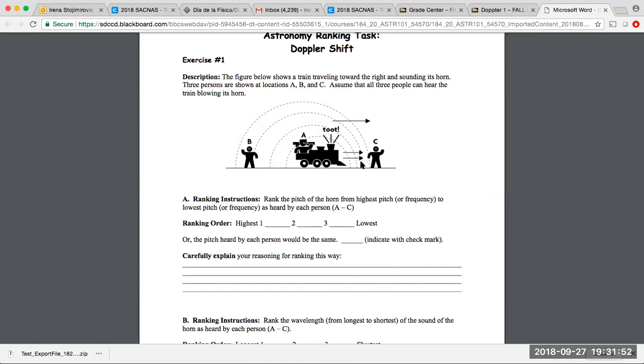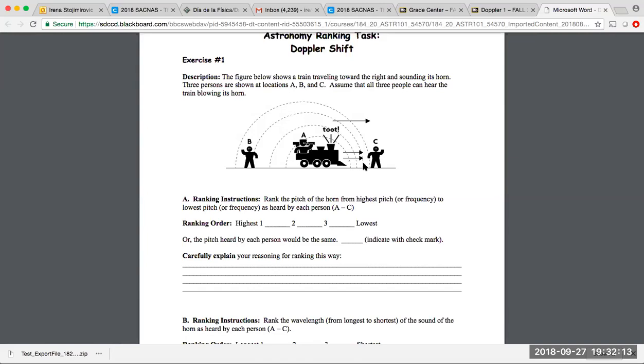And so now I don't know how Mastering Astronomy did it, but usually people will say the wavelengths get compressed when the source of, let's say, sound or light is moving towards an observer. And you can see that on this picture, right? The dashed lines represent the wave crests.